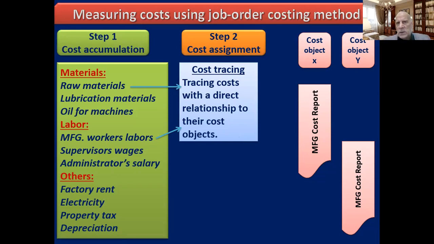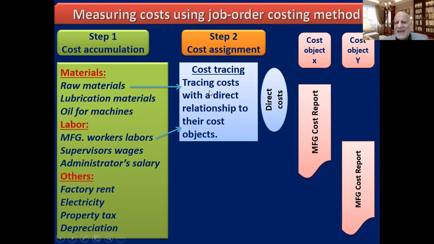So we can easily know the workers who worked in producing job order X and those others who worked in manufacturing job order Y. So we will trace this cost item and know how much of the payroll was paid to those workers to be allocated to job order X, and how much to the workers who worked in producing cost object Y. As long as these costs can be traced, they are called direct costs.